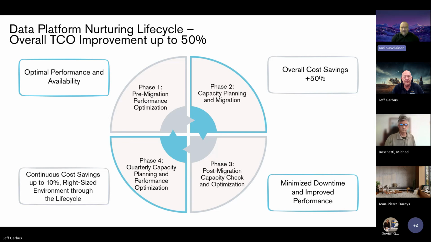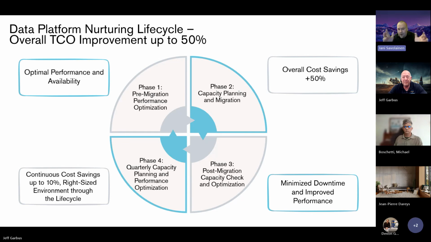What it basically means is that if you don't optimize your workloads before you go to the capacity planning and migration phase, you get the problems out, but they will also be put into a new environment, and that's not an optimal situation.